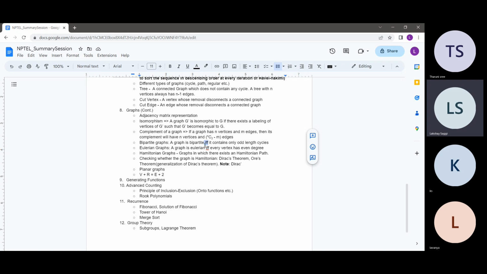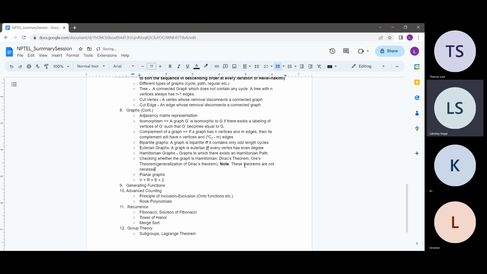If and only if means necessary as well as sufficient conditions. But note that these theorems, Dirac's theorem as well as Ore's theorem, are not necessary conditions, but only sufficient.